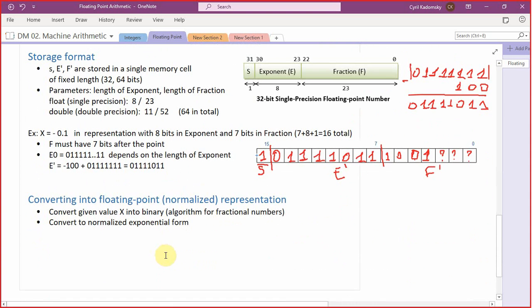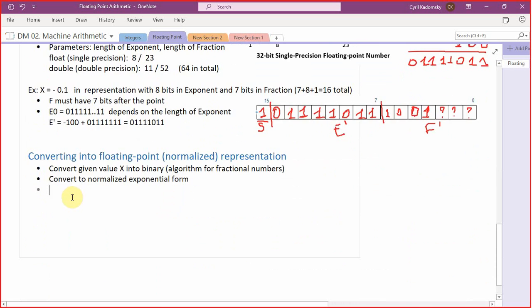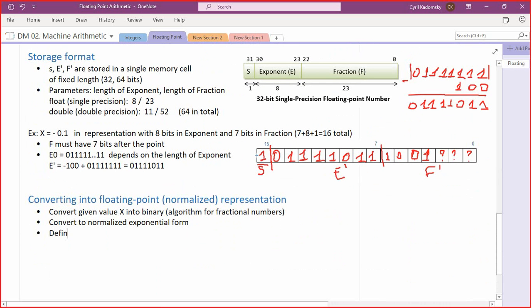And finally, when you are ready, you will have the exponent and fraction, and you need to calculate the biased exponent and fraction using the length of the storage format. This must be given to you to complete this step.